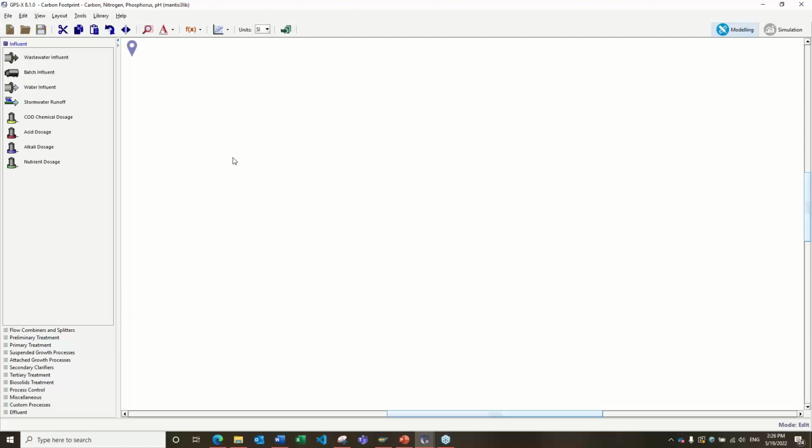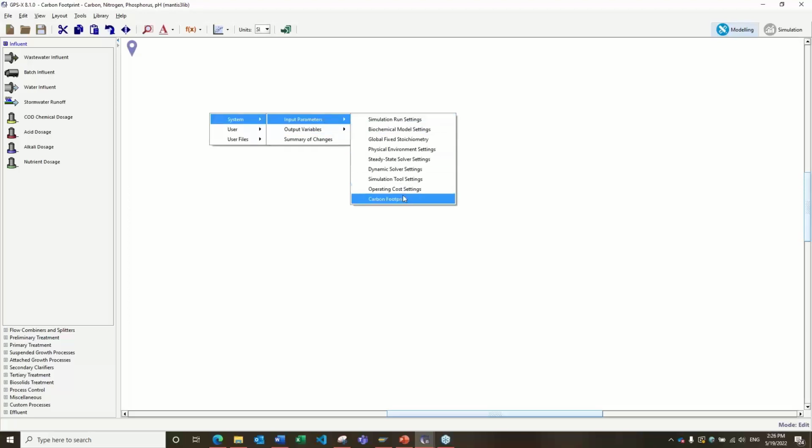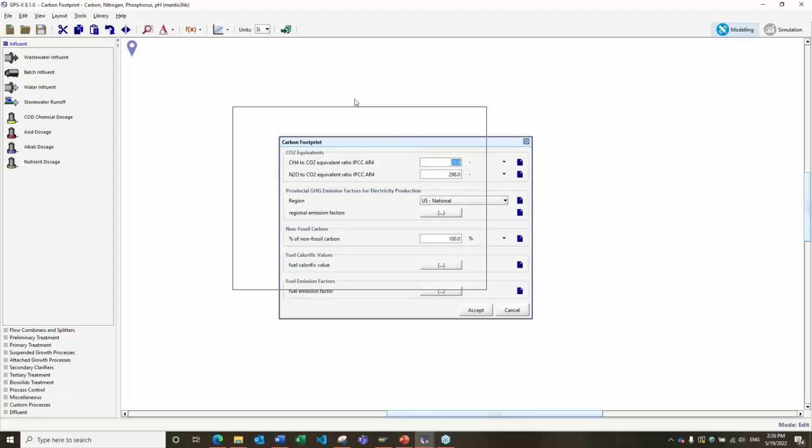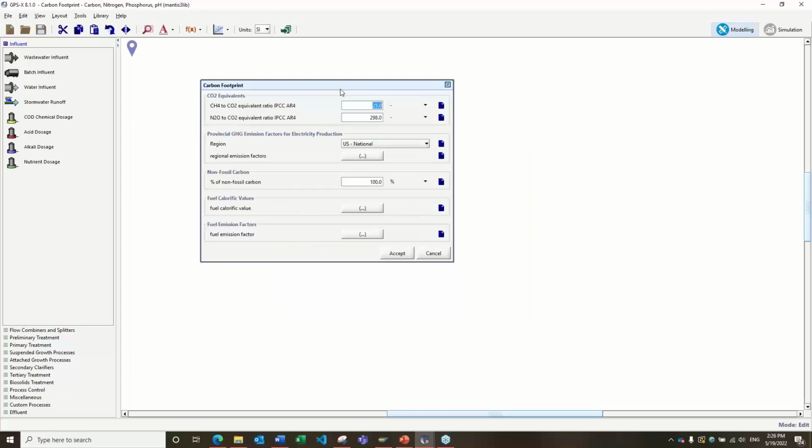And before I show you a layout, I would like to show you some of the global settings that we have in this particular platform. If you right click on the system here and go to input parameters, you can see there are carbon footprint additional menu items that we have. These are the places where we are going to make some global settings for our carbon footprint model.